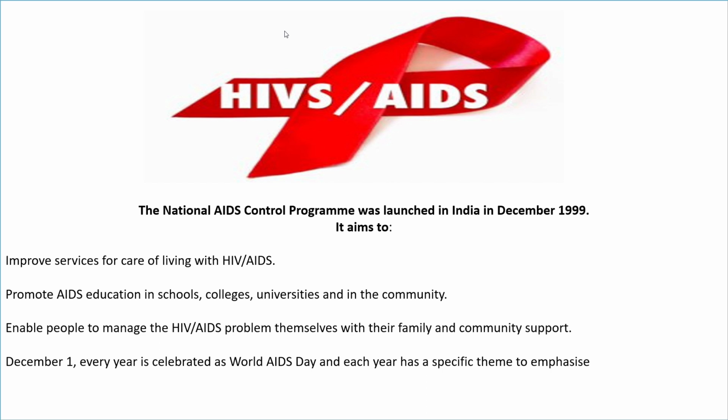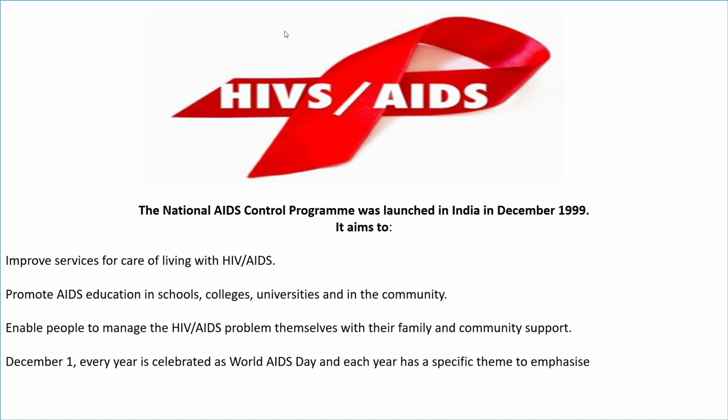In universities, and even in the community, in the village, in the neighborhood, we should invite different resource persons, the medical experts, the doctors, the nurses, the health officers, to come to the village, the school, the universities, and deliver speeches on how to control HIV/AIDS in the state or the country as a whole.